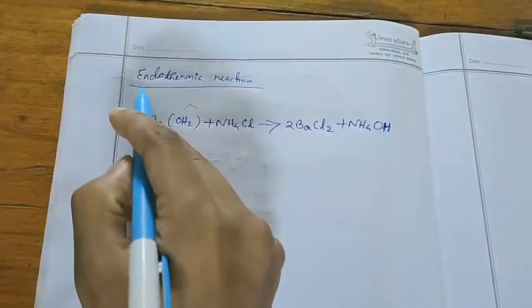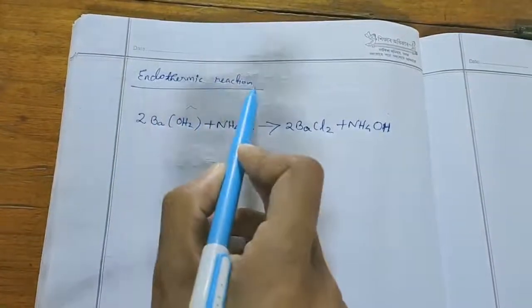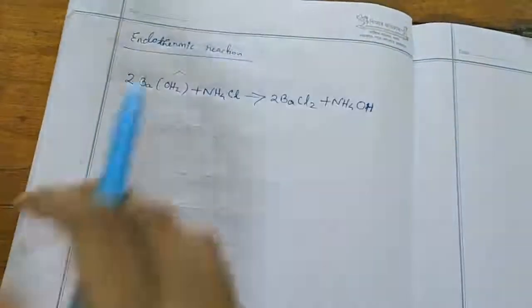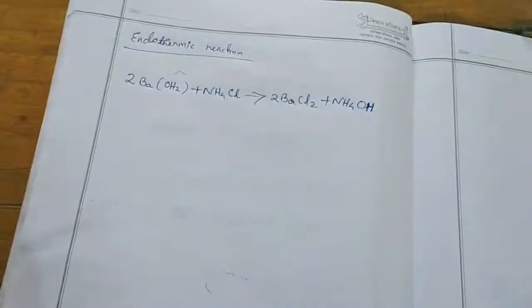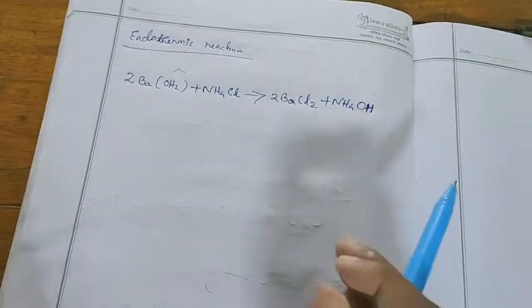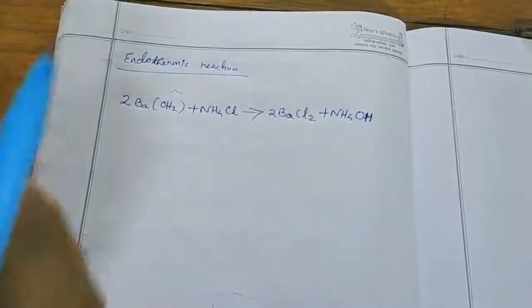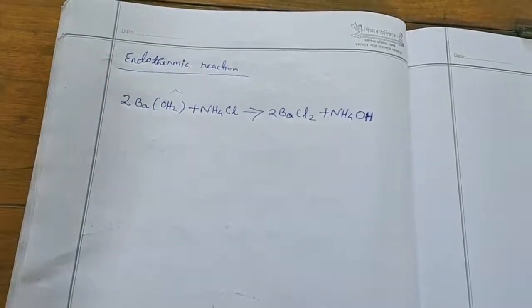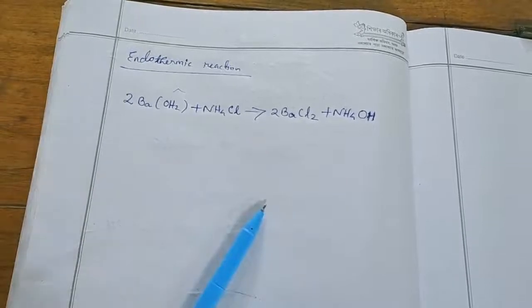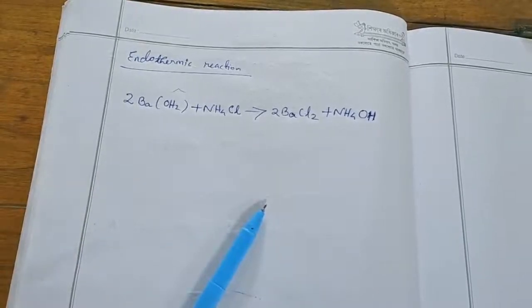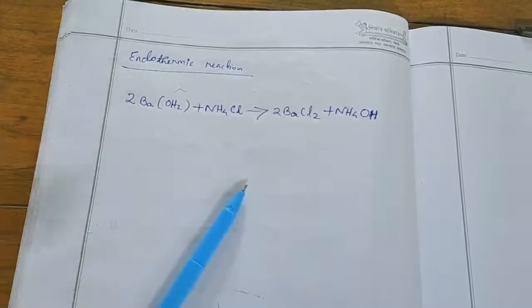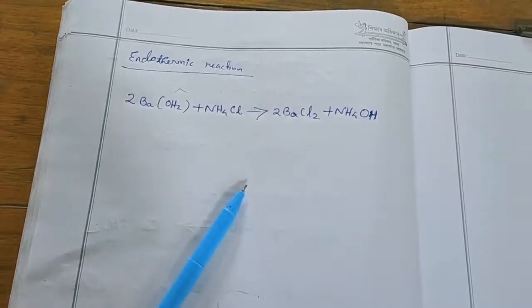Now don't confuse endothermic reaction with thermal, electrolytic, or photolytic decomposition, because in a decomposition reaction the single compound has to decompose, but in an endothermic reaction, even though we need heat, light, or electricity, the compound does not decompose, and that is why it is a different type of reaction.